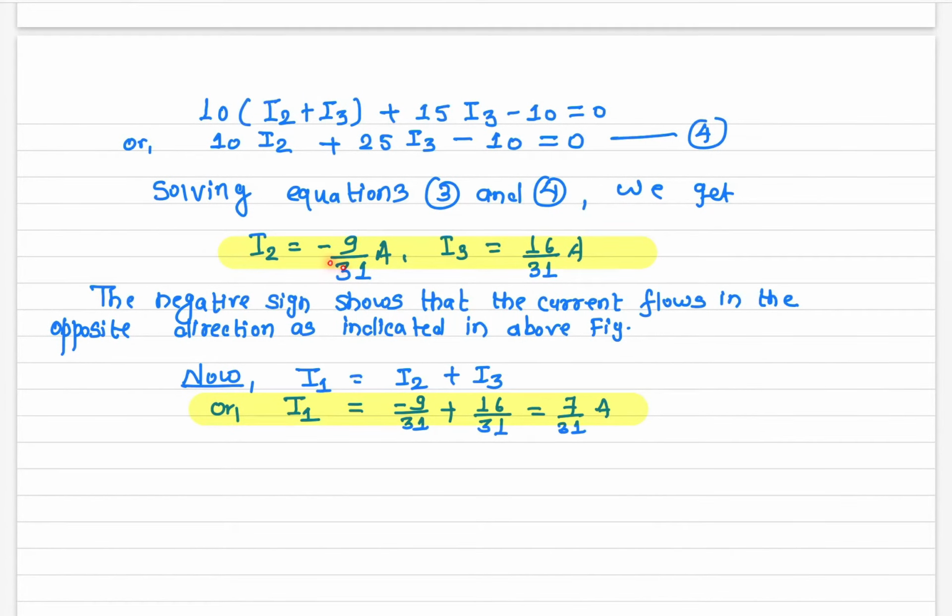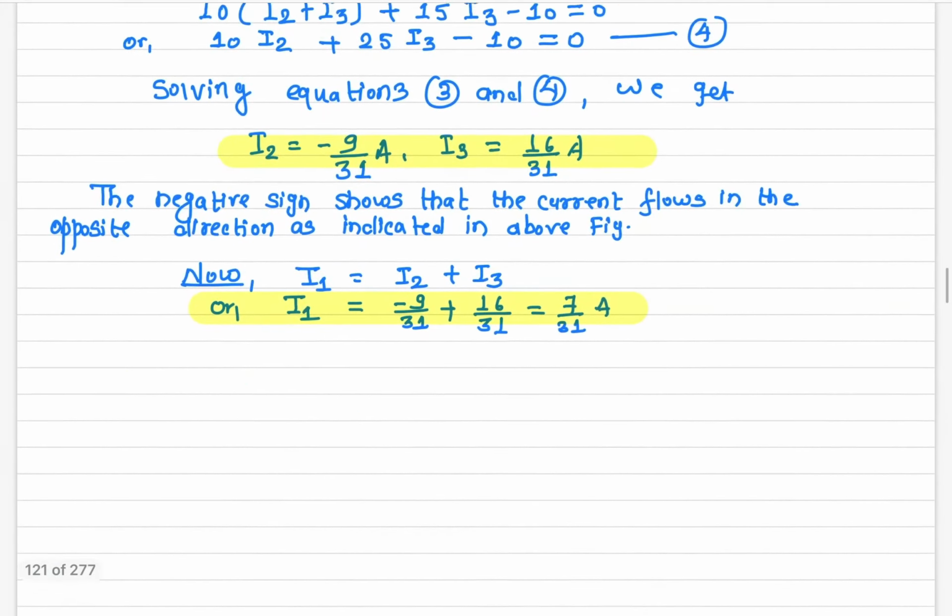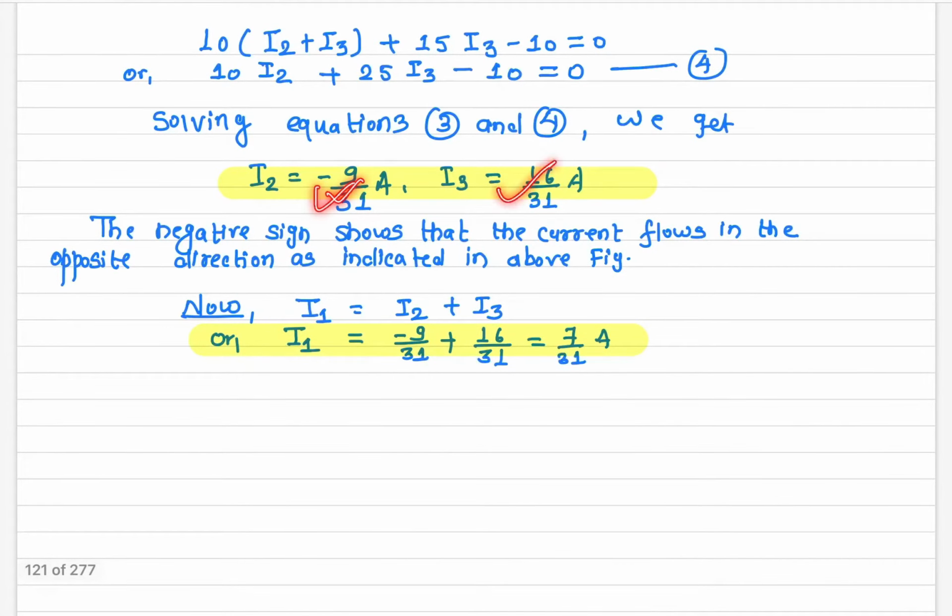Once you know I2 and I3, you can find I1 by plugging into this equation, I1 should be I2 plus I3. So I plug in and I will get this current here, 7 over 31.